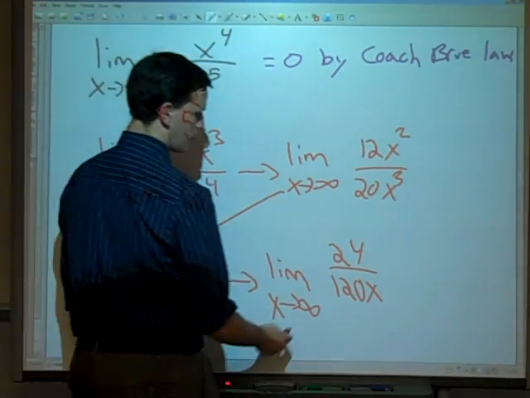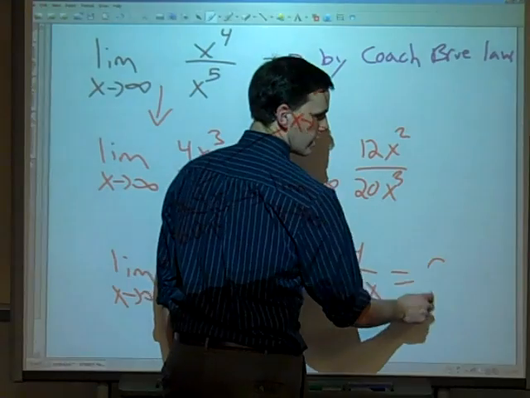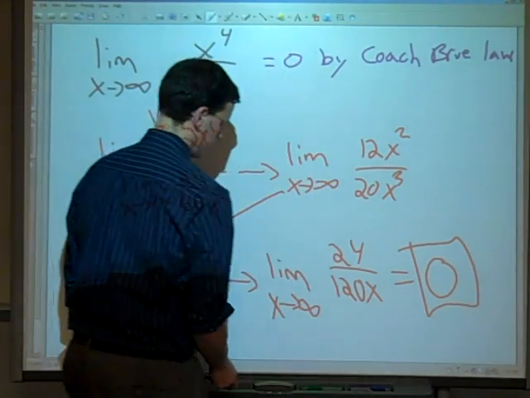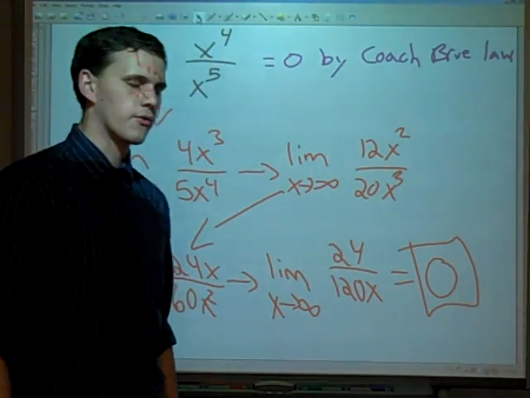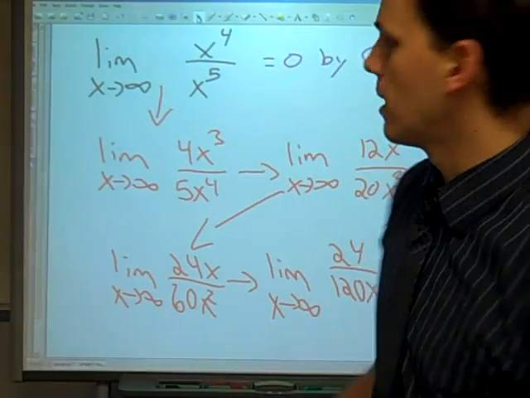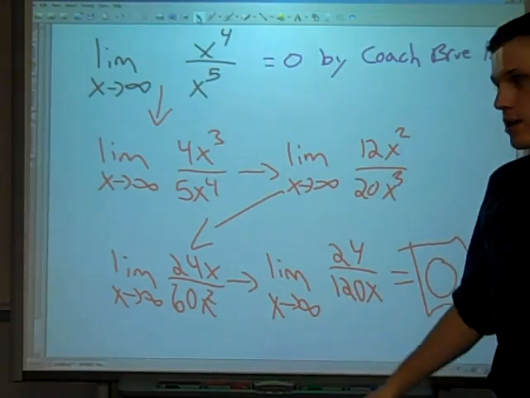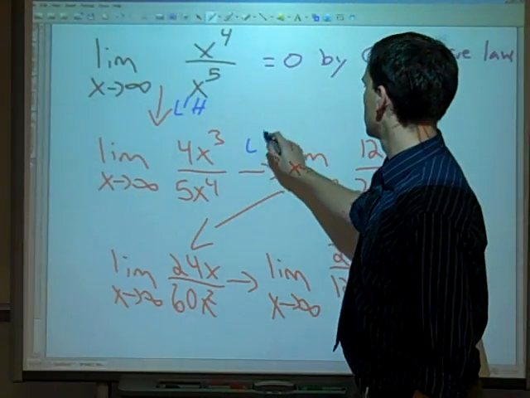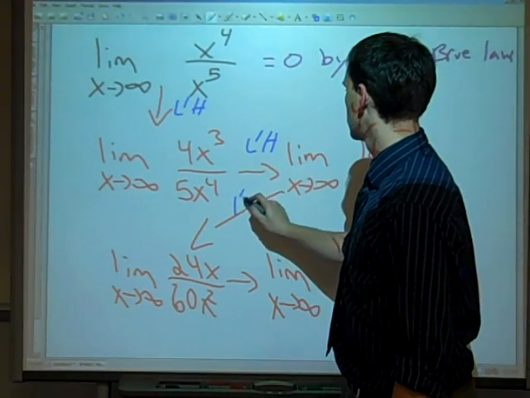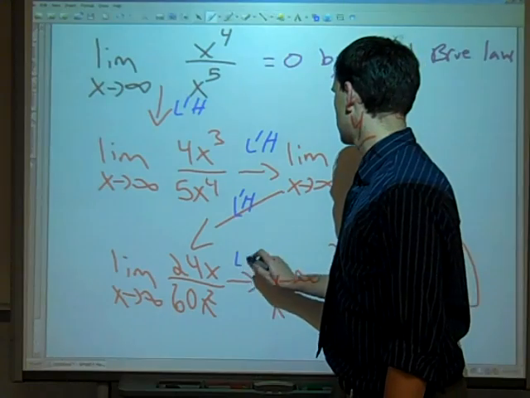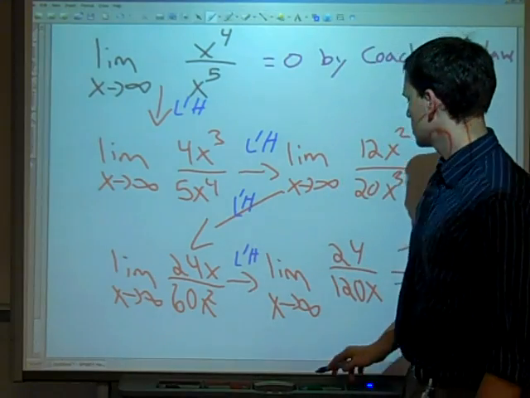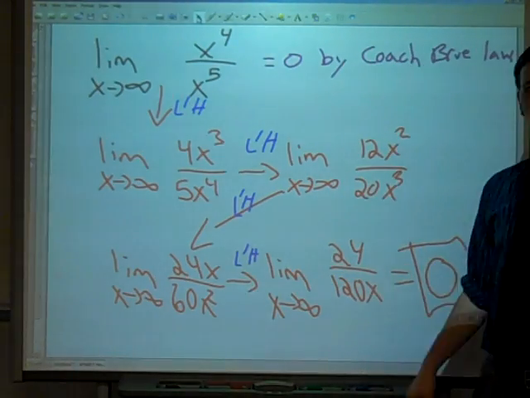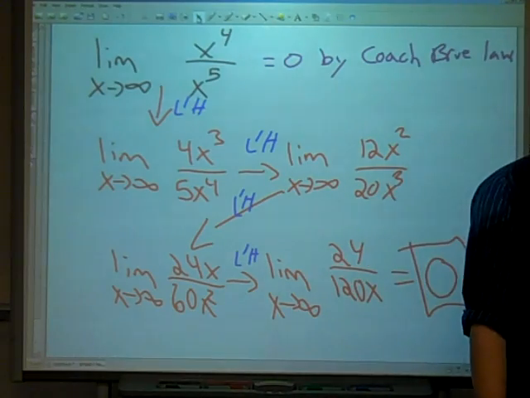Plug in infinity for x. That is clearly 0. That's a whole lot of work for not a whole lot of payoff. I mean, you just use Coach Bruce laws a lot faster. But the point was, I used L'Hopital's rule once, twice, 3 times, 4 times, and you get the same answer, right? It's perfectly legal, no problems at all.